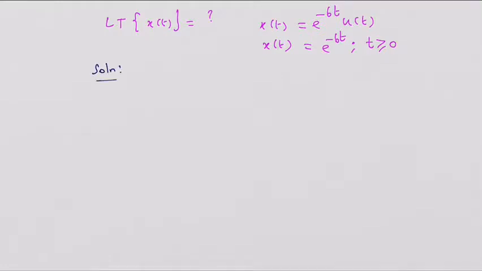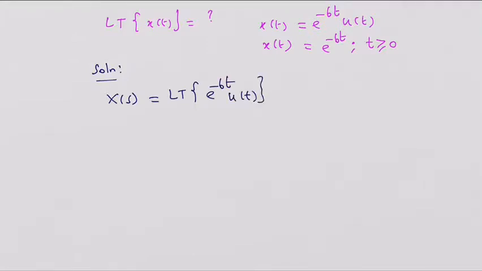In the solution part, I must first of all write the formula for obtaining the Laplace transform of the given signal. What is the given signal? The signal is e power minus 6t u of t.